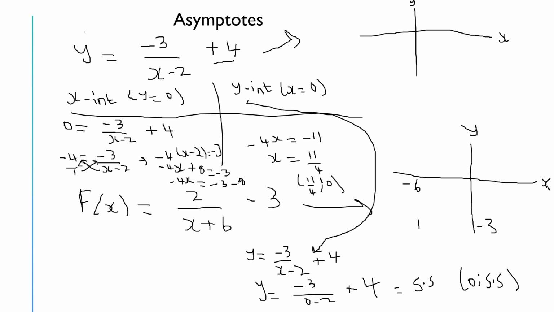To also make the other one fair, let's get it as a decimal. The first one was 11 over 4, 11 divided by 4, which is around 2,75. First, we had the asymptote, which was 2.